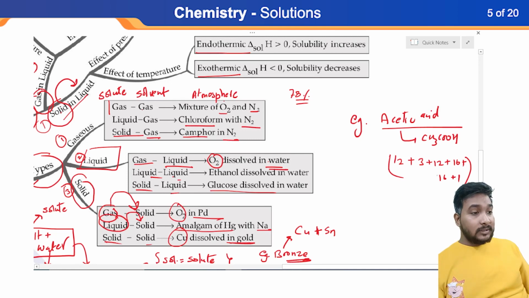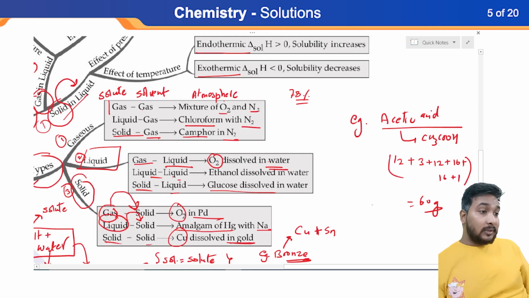Now 16, 16, 32, 33, 12, 12, 24 and 3. So 33, 24, 3, 60. So answer should be 60 gram. So what we can say? We can say that for acetic acid, molecular weight is 60 gram per mole.